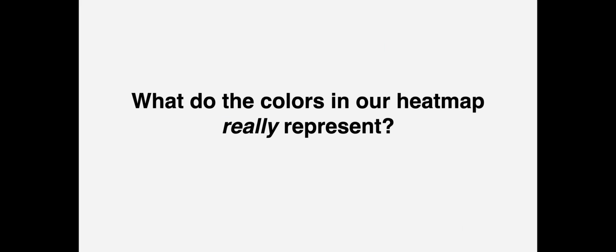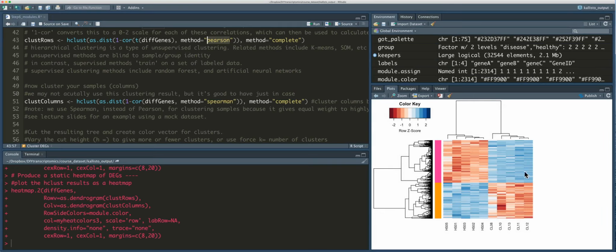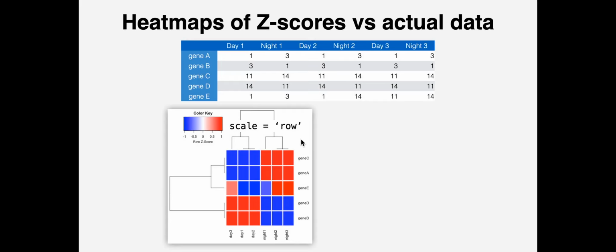So what do the colors in our heat map really represent? I told you we have this scale equals rho, and I demonstrated for you that really gave us a dramatic visual heat map if we go back, right, where we can clearly see our clusters. But why is that?